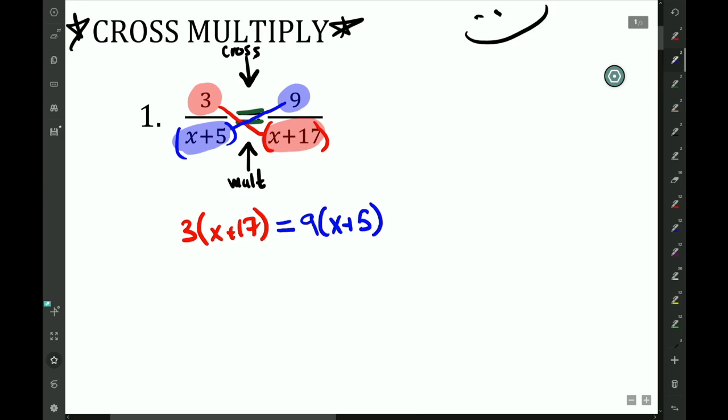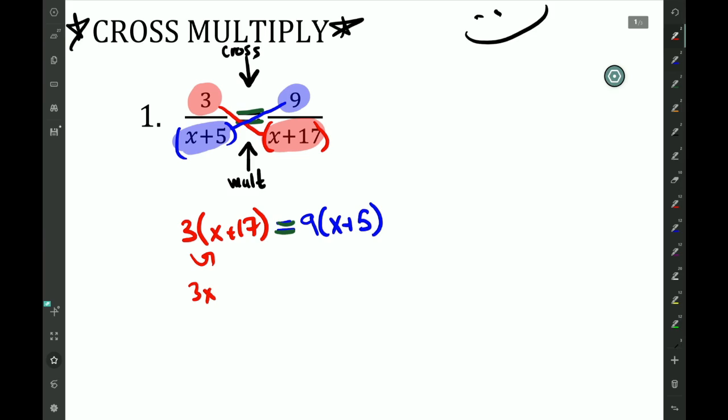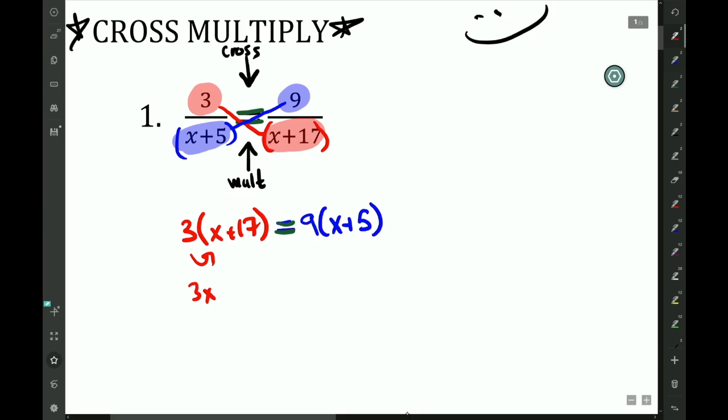Once you've identified that, go ahead and distribute those guys. So 3 times x is 3x. 17 times 3, I don't know off the top of my head, so I will calculate. 51 equals 9x plus 45.